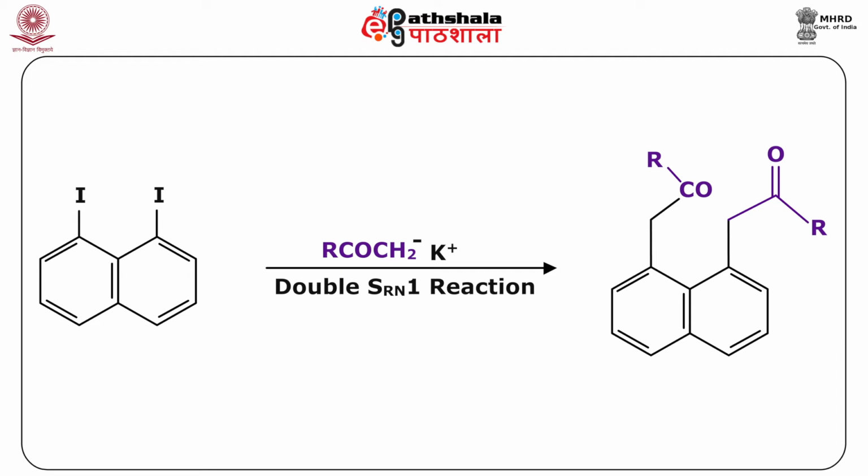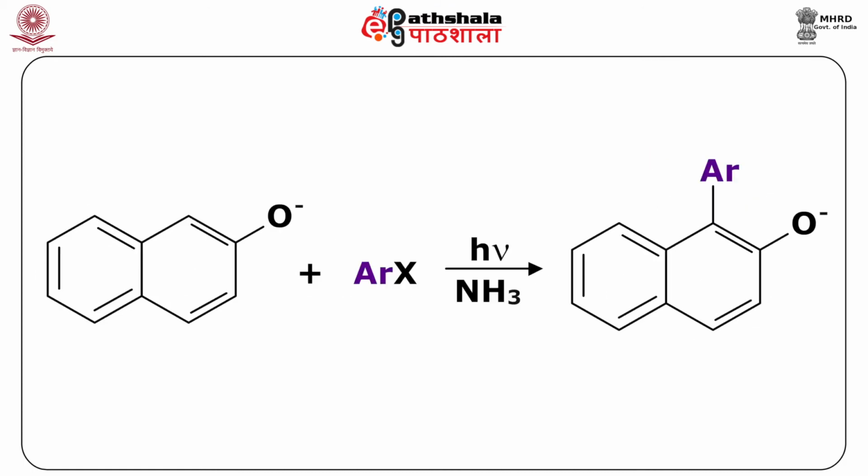This is having the active methylene group, so potassium salt of this active methylene group is there to give you the product. Symmetric and asymmetric biaryls can also be synthesized by the electron transfer, that is the SET, the SRN1 mechanism, through the substitution of a haloaromatic substrate by beta-naphthyl nucleophile such as the anion of 2-naphthol and 2-naphthylamine.